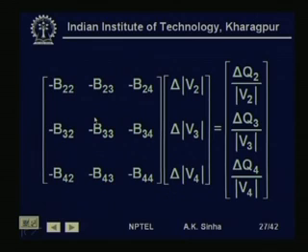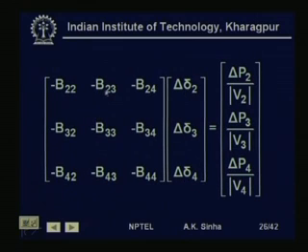Now, what we are seeing from these two sets of equations is that the Jacobian matrix here contains only the susceptance elements and therefore, these are constants. They are not dependent on the state variables and therefore, these remain constant throughout the different iterations.